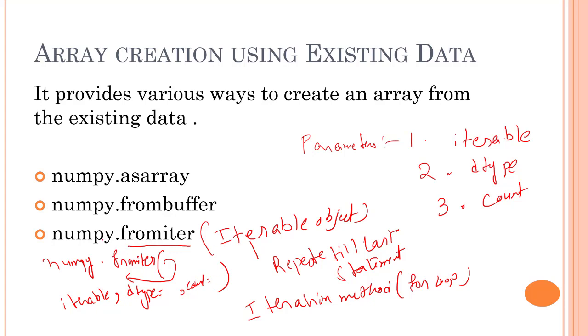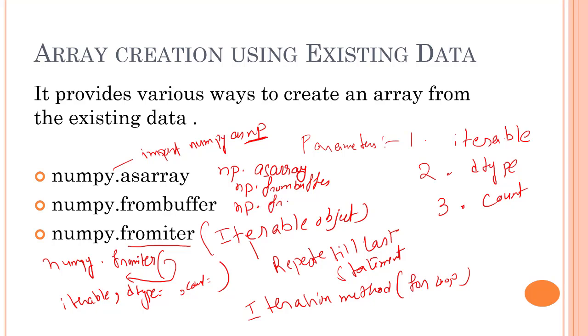Here I use numpy, but if you import numpy as np, at that time you can use the alias name. You just have to go with np.asarray, the same way np.frombuffer, and then np.fromiter.